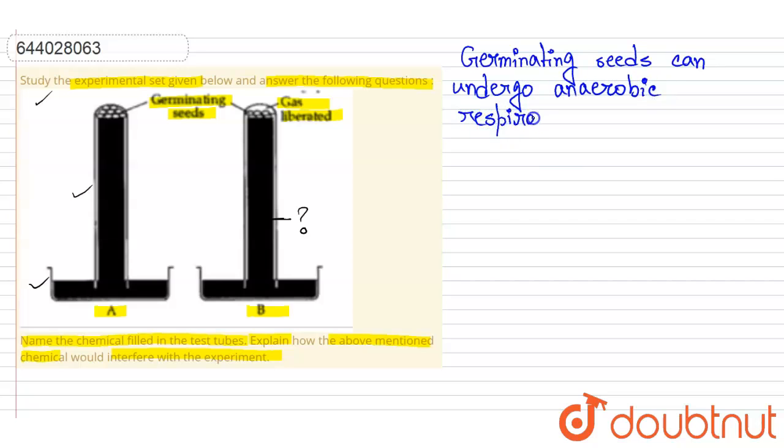Anaerobic respiration means they can respire in the absence of oxygen and evolve carbon dioxide.